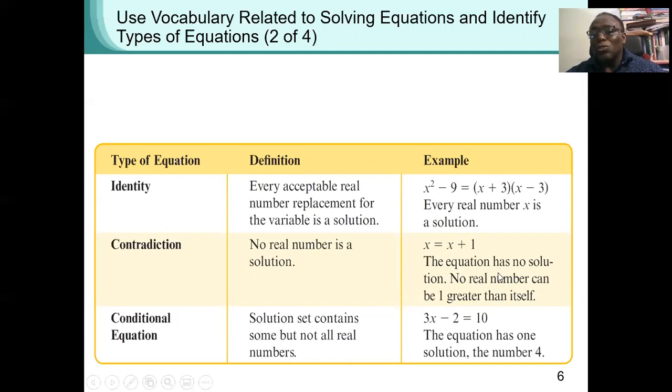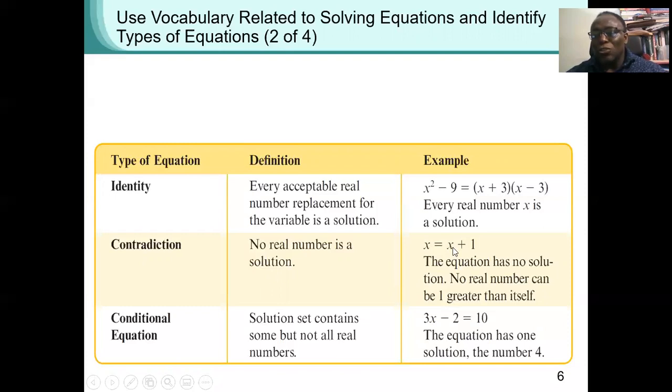An equation always has a solution when we can find the value or the answer for the variable. The variable can be any letter, X, Y, Z, any letter. So in this case, if I have X equal to X plus 1, I cannot find the value of X, because X, when positive, crosses the equal sign and becomes negative.